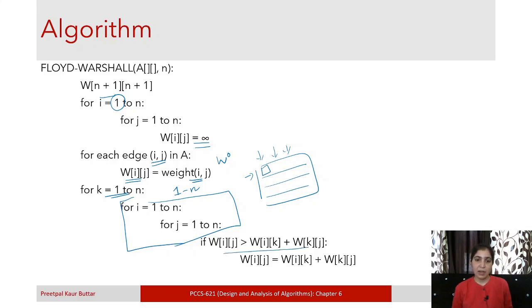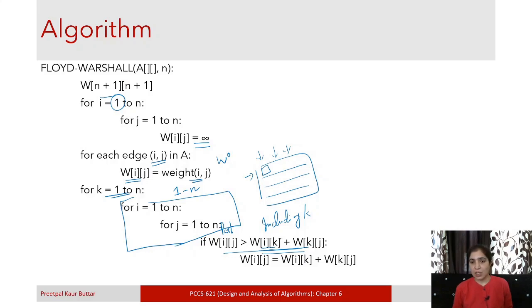If your entry W[i][j], which is already there, from the previous iteration's results, is greater than the option which includes k, that is the path from i to k plus k to j, so you are looking at the previous entries from i to k and k to j and adding them.